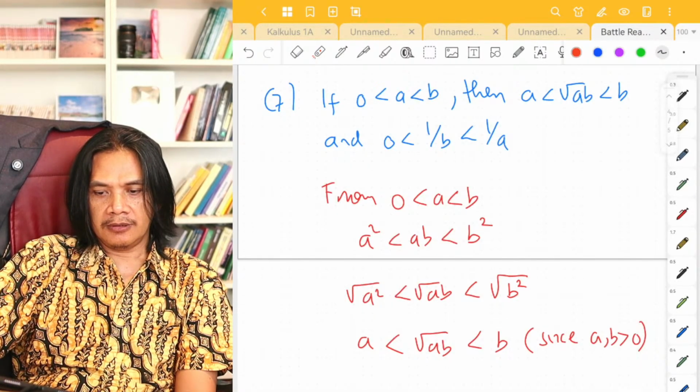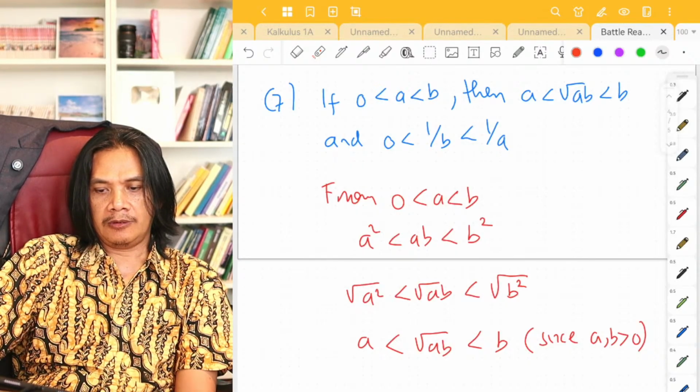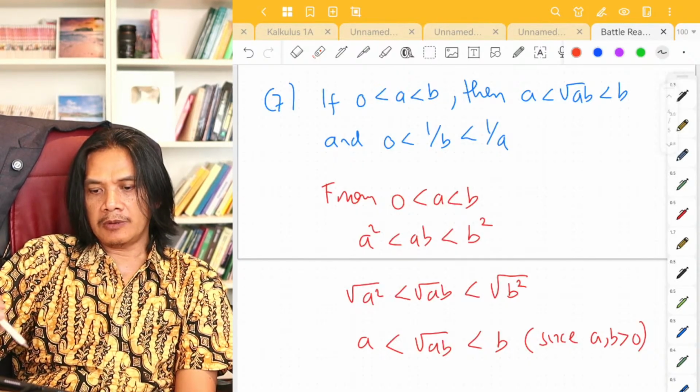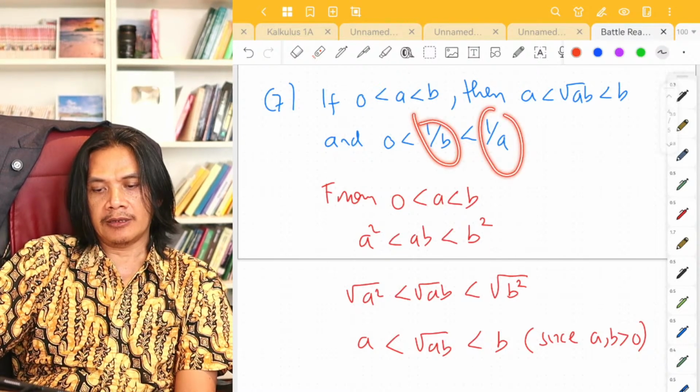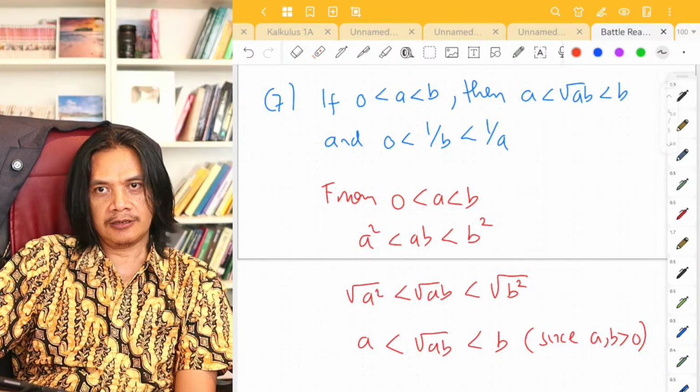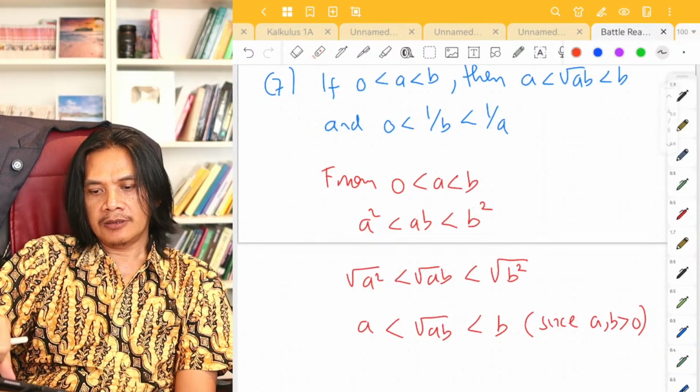Divide by itself squared? Like you divide b by b squared, no, you get 1 over b. You need to divide by something consistent, which results in the expression 1 over b and 1 over a.